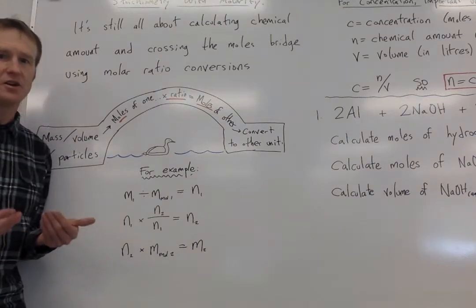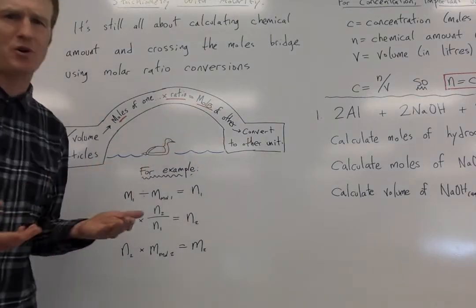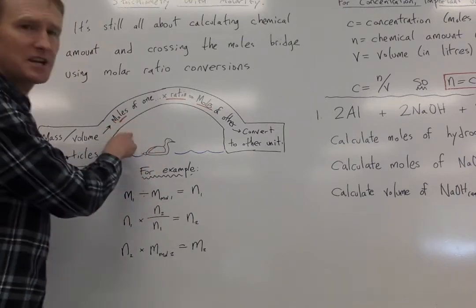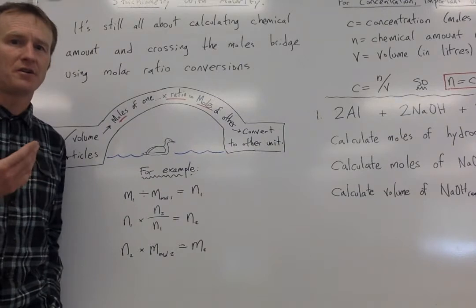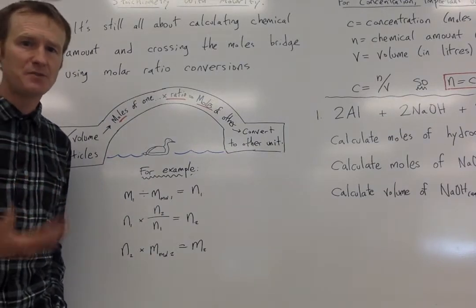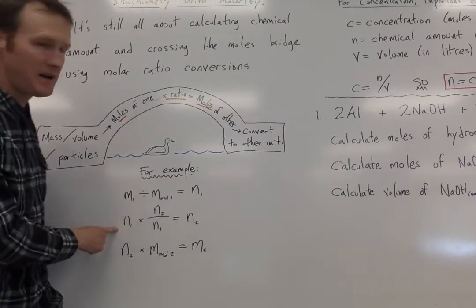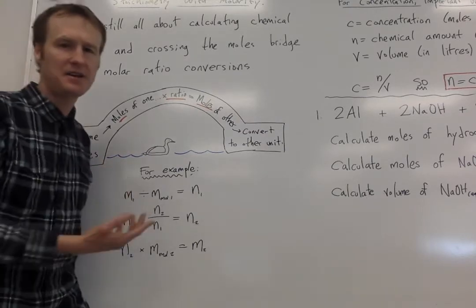Then, here's where you do your conversion. While we're on the moles bridge, some people call it the conversion bridge. It doesn't matter, you're doing the same thing. You're taking your moles of the one substance and you're multiplying it by the molar ratio in the balanced chemical equation. So you will take your N1 and you're multiplying it by, look what I wrote here, N2 over N1.